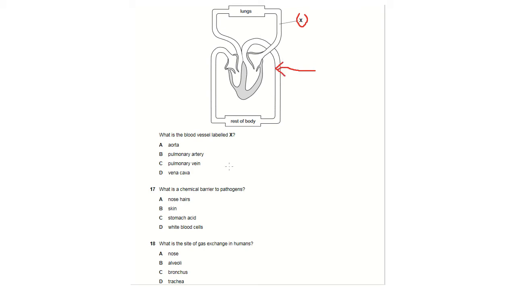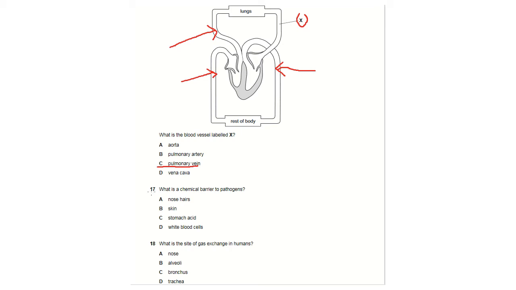The pulmonary artery takes blood from the heart to the lung, so that will be this one. And the vena cava takes blood from the body into the heart, so that will be this one. So our only possible correct answer is C, the pulmonary vein, which takes oxygenated blood from the lung into the heart.